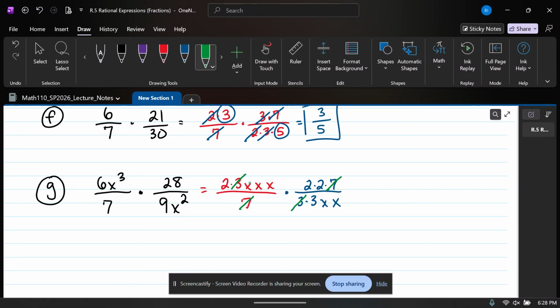And then I have this x canceling that x, this x canceling that x. So what's left? I've got 2, an x, 2, and 2. That's 8x, right? Over the 3, which is the only thing left on the bottom. It's just a 3. Boom.